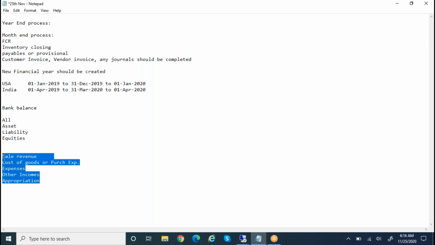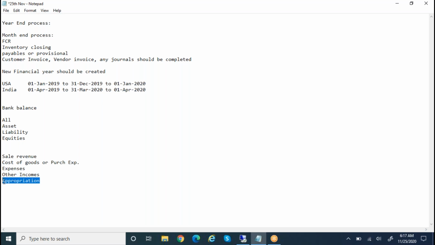This is the revenue account, income through sales; this is expenditure through purchases; and this is office expenditure. To run my business, I need to pay rent, I need to pay electricity, I need to provide facilities to my employees, all those things. And this is other than sales, if I'm getting any revenue, interest or something.